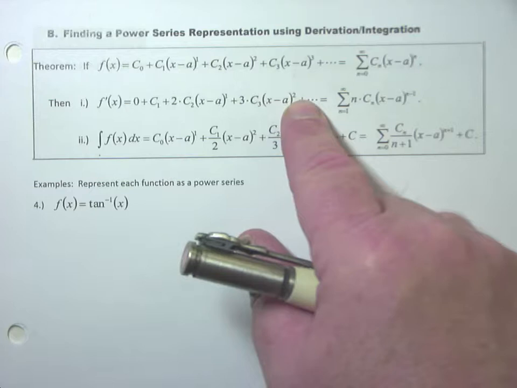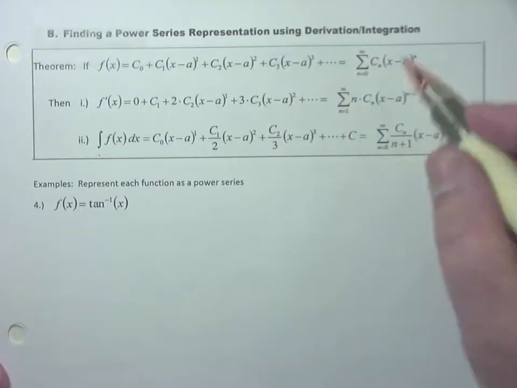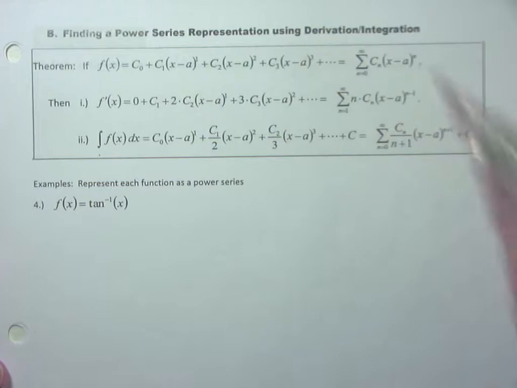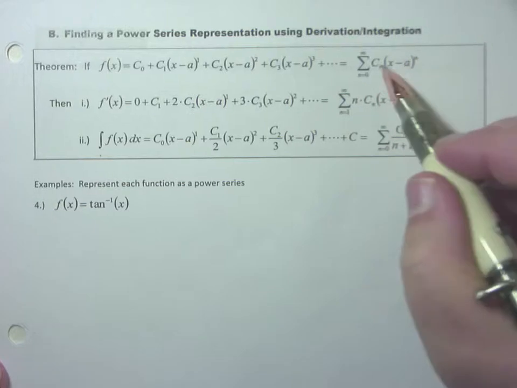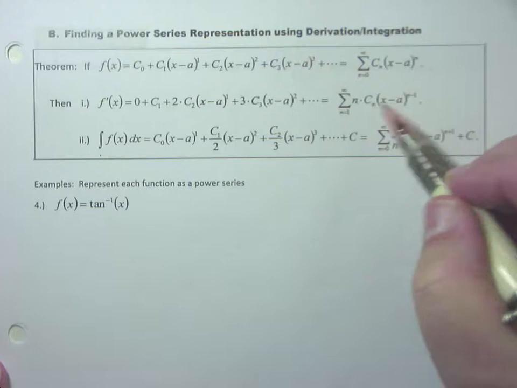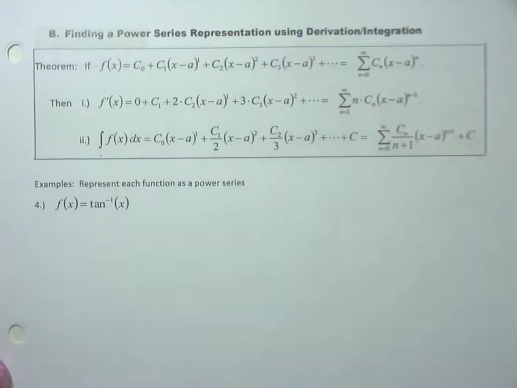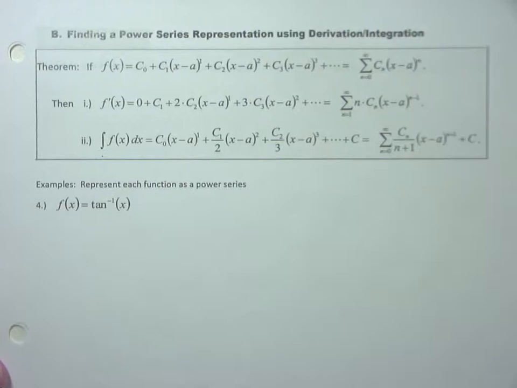Don't forget it's chain rule, times the derivative of the inside, but the derivative of the inside is 1. Or, better yet, you can take the derivative of this guy with respect to x, and remember, c is an arbitrary constant. So the derivative of Cn (x minus a) to the n, you bring down the n: n times Cn times (x minus a) to the n minus 1, officially times the derivative of the inside, which is times 1.